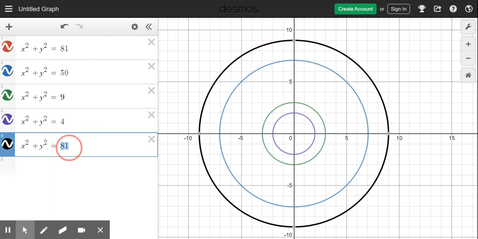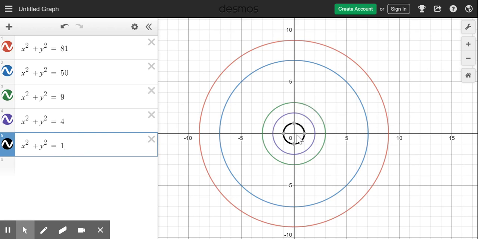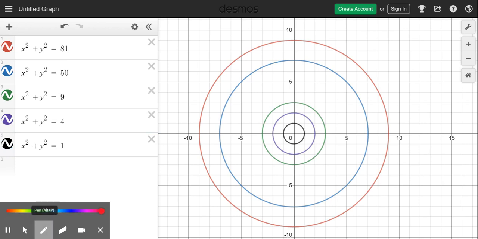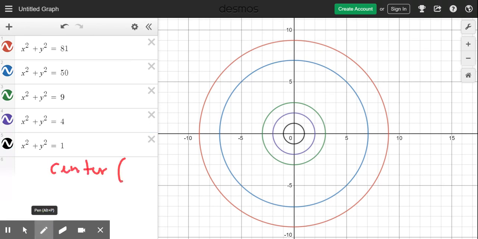I can make this a 1. The square root of 1 is 1. So we have a radius of 1, still centered at 0, 0. These are concentric circles, which means that they're all circles with the same center. Okay, so again, with x squared plus y squared, you are always going to have a center at 0, 0.